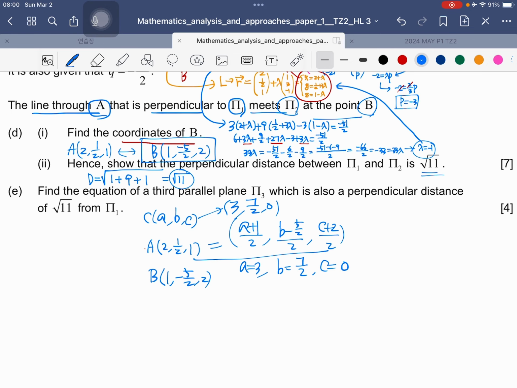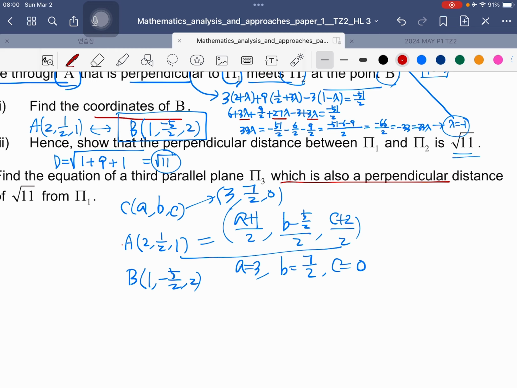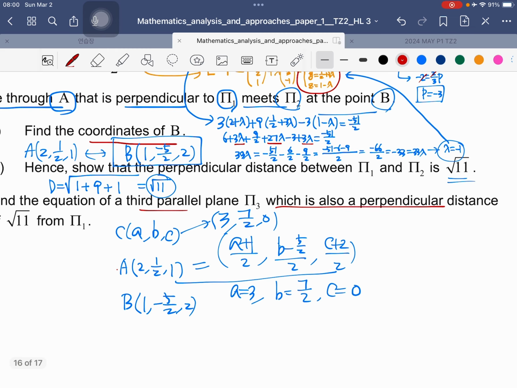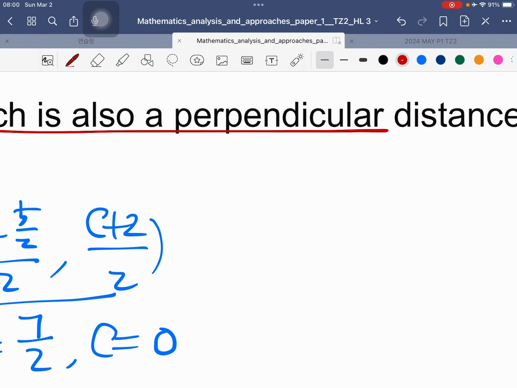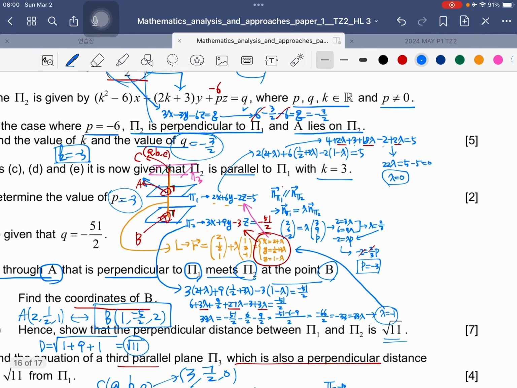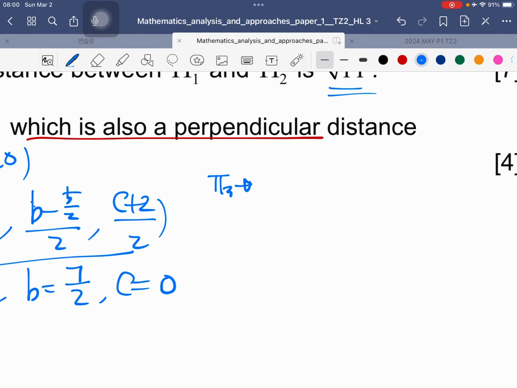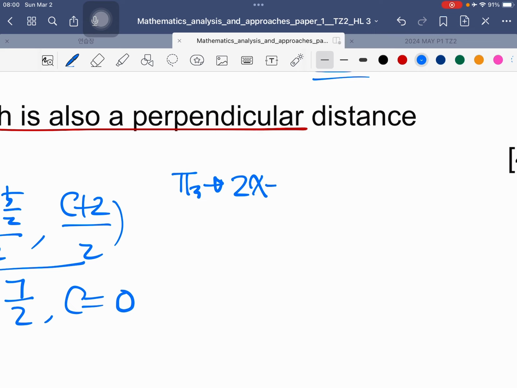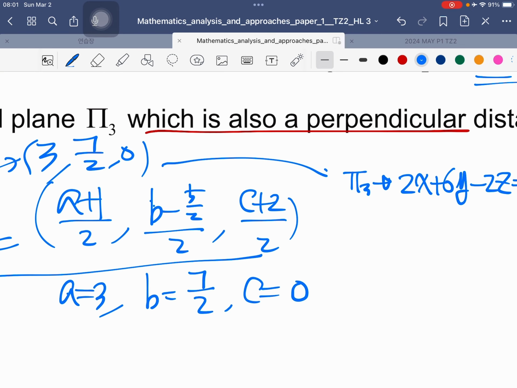And then pi 3 is also parallel. So you can easily deduce that applying the pi 3 equation, its normal vector is the same as this one: 2, 6, negative 2. 2x plus 6y minus 2z equals k, where this point is on pi 3.